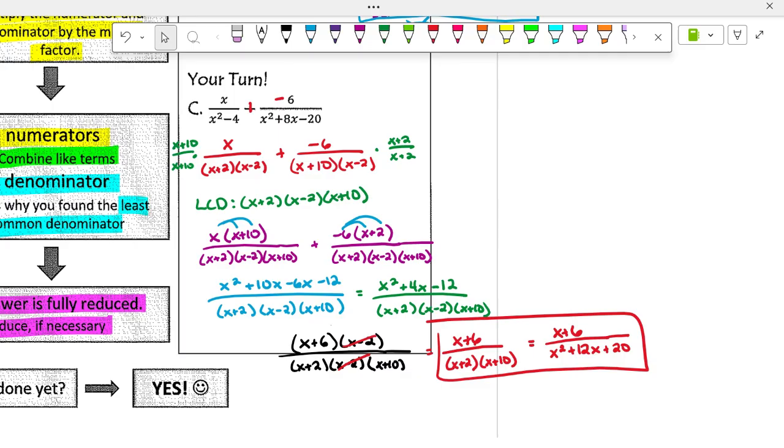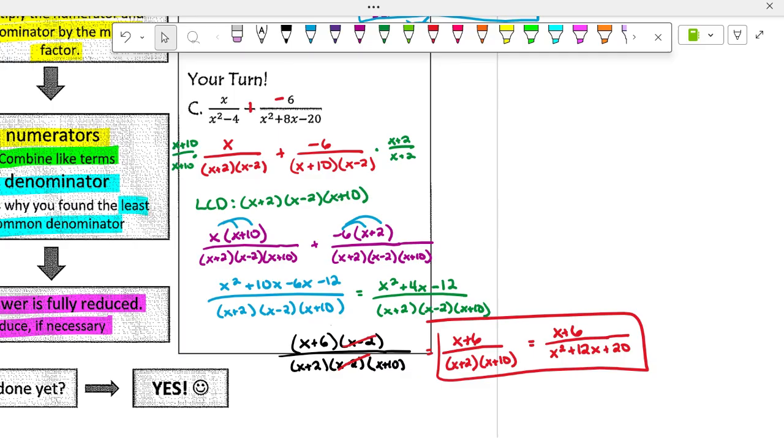Yes. All right, so any questions on letter C?